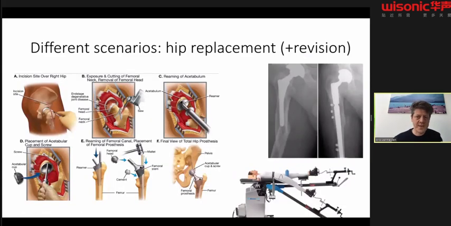The same is true for hip replacement, but even the revision and periprosthetic fractures have other implications, depending on whether you use traction or not, because you can imagine if you use a lot of traction, the traction is not only on the bone, but also on the ligaments and the muscles. So it's important to take that into account as well.